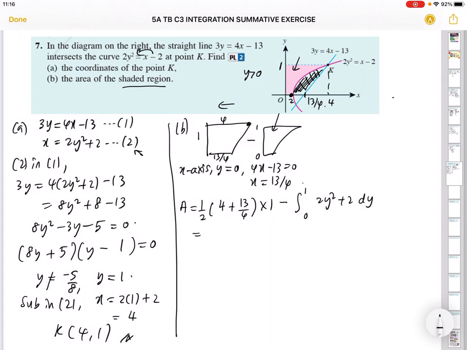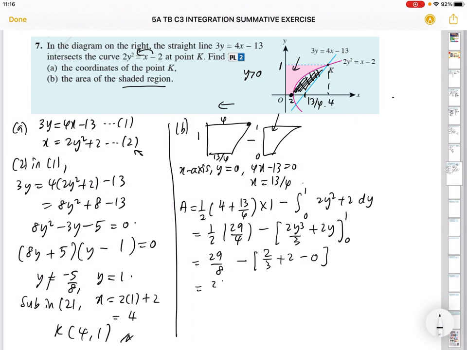So this is 29 over 4, and half of it is 29 over 8. Now the second one, when I integrate, I get 2y cubed over 3 plus 2y, from 0 to 1. When I substitute 1 inside, I get 2 over 3 plus 2 minus 0. Now this is actually 8 over 3.